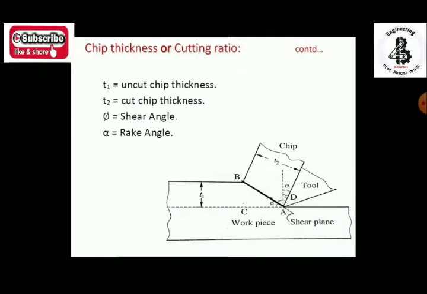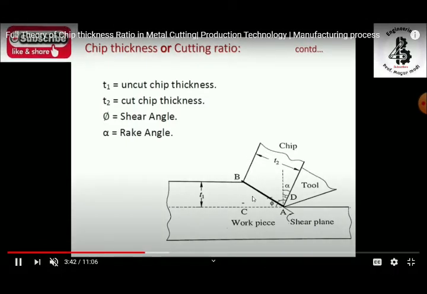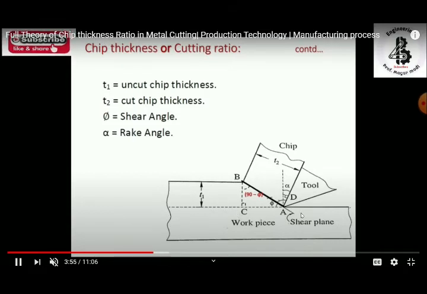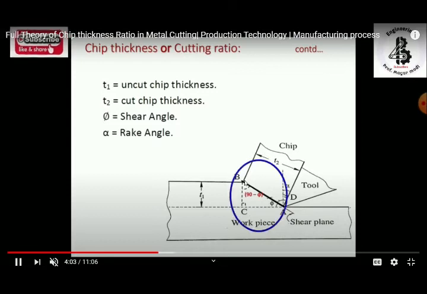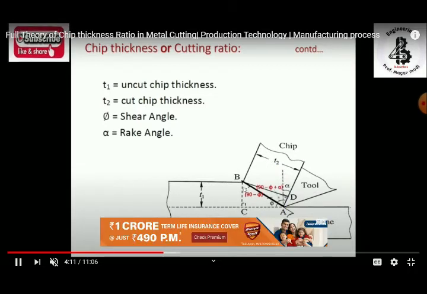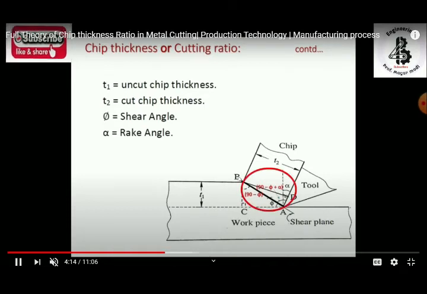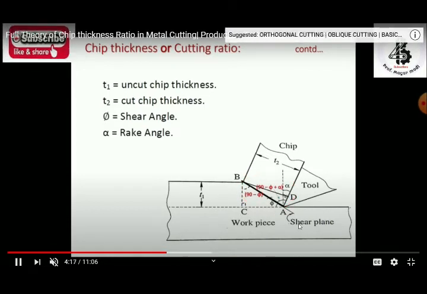In this diagram you observe the letters A, B, C, D. From right angle triangle A, B, C, sin phi is equal to BC divided by AB. So in the circle also it shows the right angle triangle ABC. In the ABC, sin phi is equal to BC divided by AB.